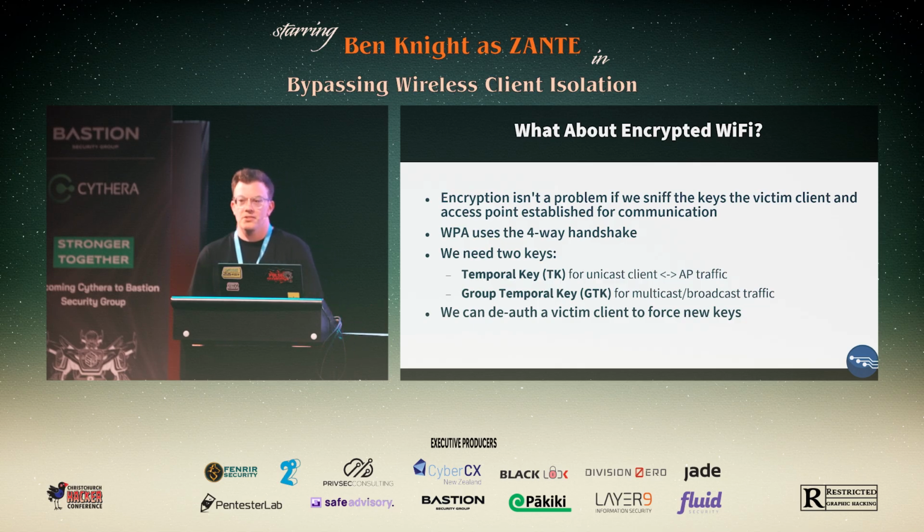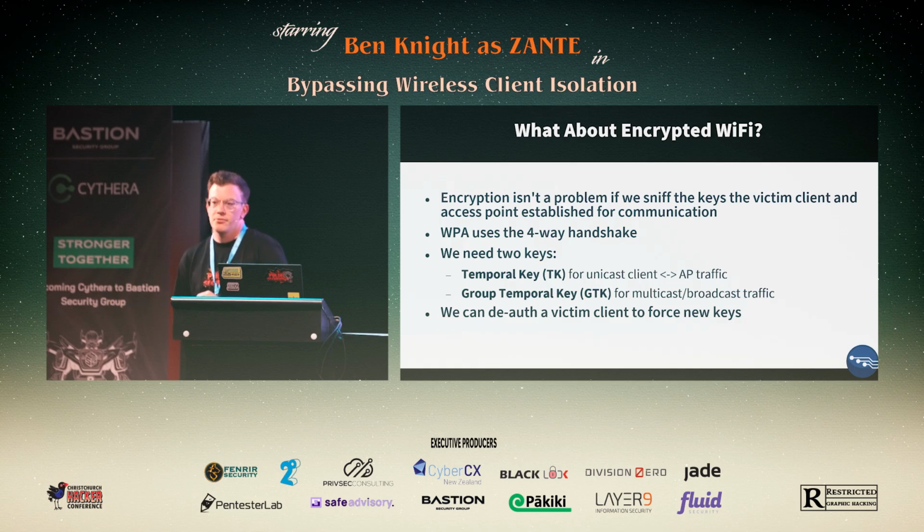But the cool thing about wireless networks, and this is relevant to other attacks if you start looking at wireless attacks, is that ultimately we need two keys. One is the temporal key, TK. That is the key used to encrypt the unicast traffic, so that's the traffic for just the individual client to the access point and back.